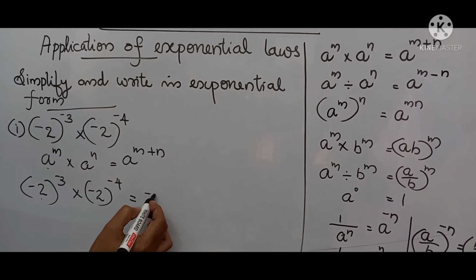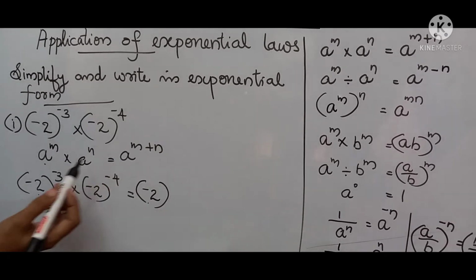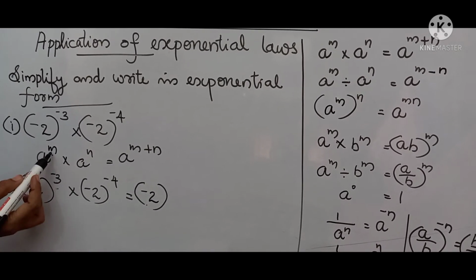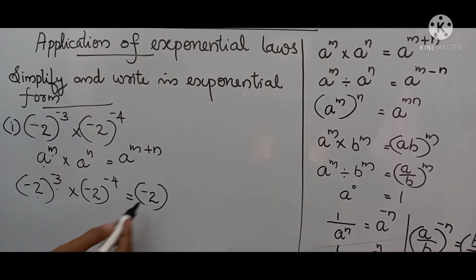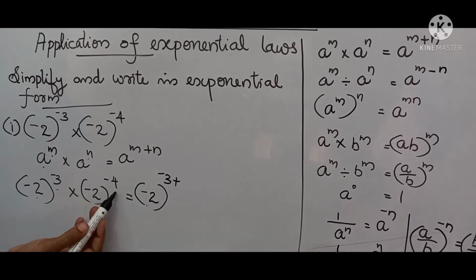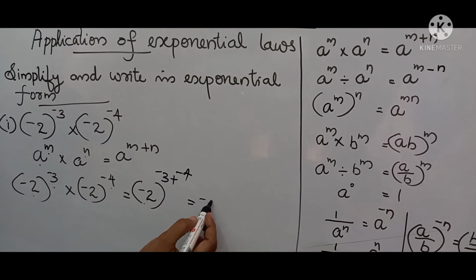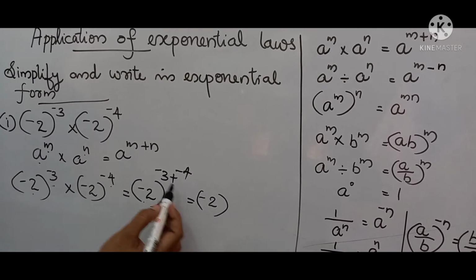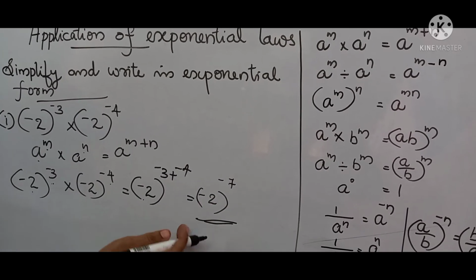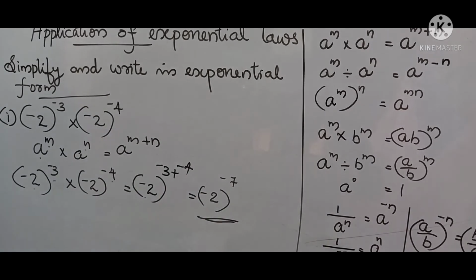Then raised to m plus n: instead of m, minus 3, plus, instead of n, minus 4. Then we add both: minus 2 raised to the power minus 3 plus minus 4, which is minus 7. Now this is in exponential form itself. So our answer is minus 2 raised to minus 7.